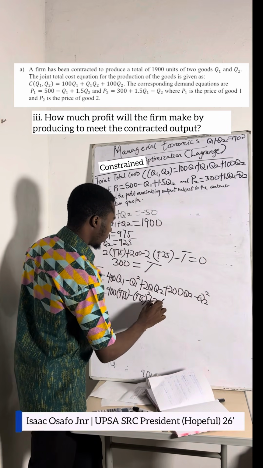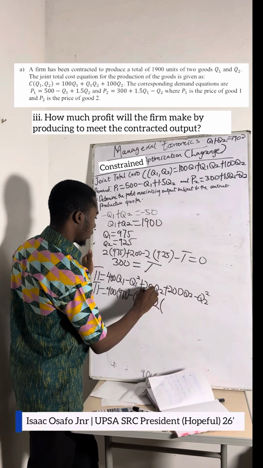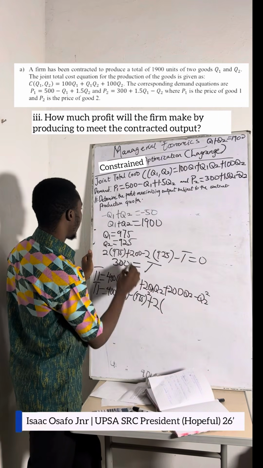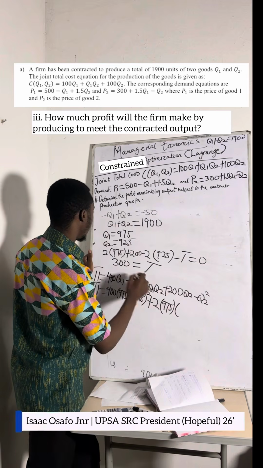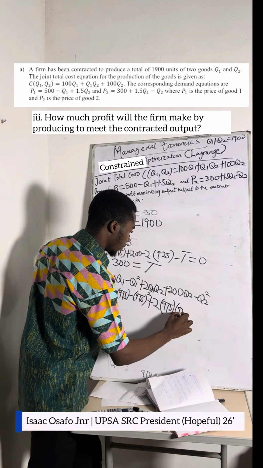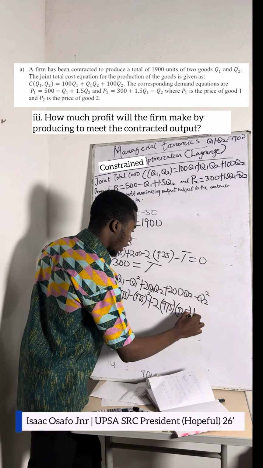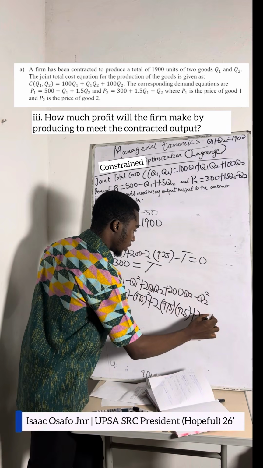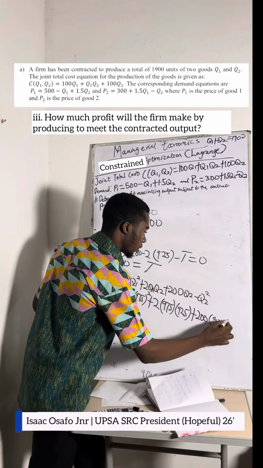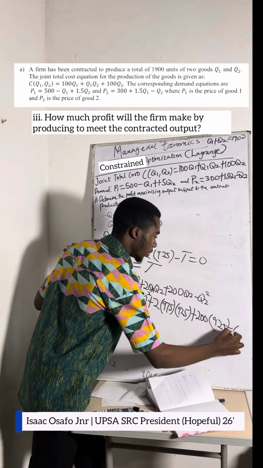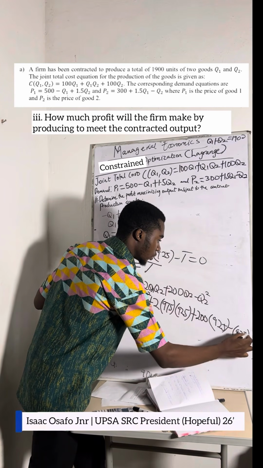So plus 2 into brackets K1, which is 975, times K2, which is 925, then plus 200 times K2, K2 is 925, then minus K2 again, 925 squared.